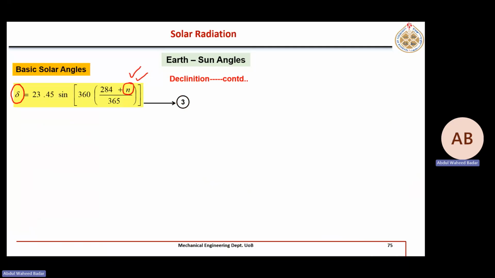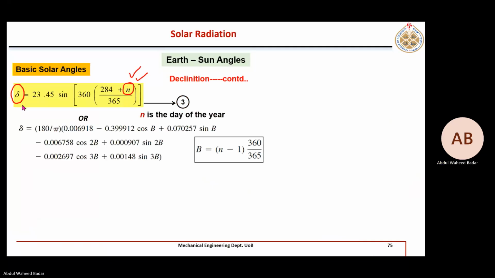So if you put any nth day of the year in this equation, we can find out the declination, right? And we have another equation to find the same declination angle, more complicated, but maybe a little more accurate. Here we again have this B, which is given by this equation.